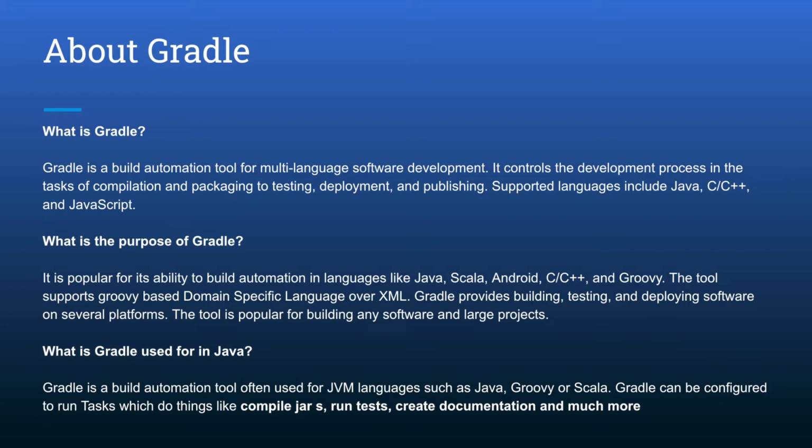So the syntax is different. Gradle uses Groovy-based syntax. In a later example we will take a look at how we can write the scripts in Gradle. But for the definition, you can understand it's a Groovy-based domain specific language over XML.